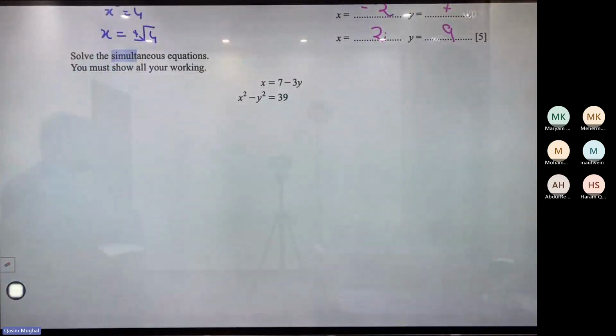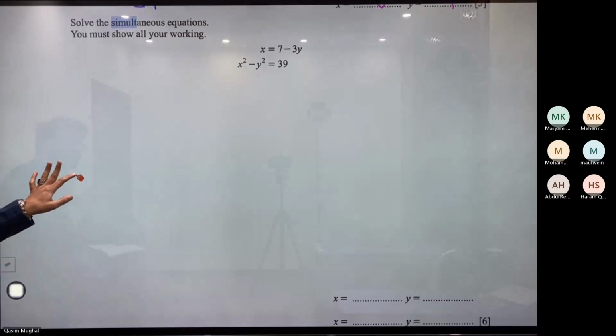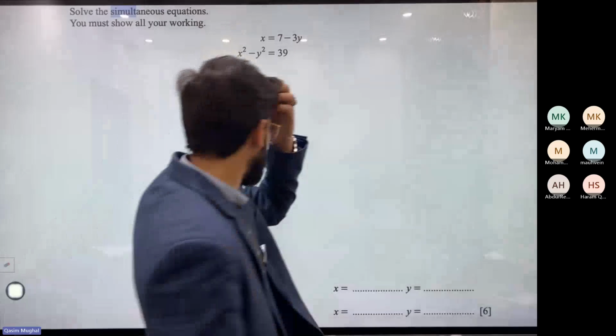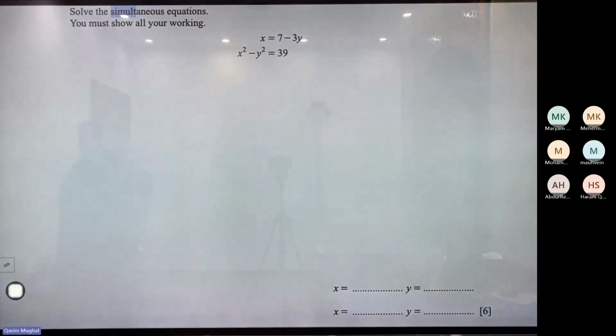So, try solving this one now. Give it a shot. x equals 7 minus 3y. This is one pair, one equation. Another equation is x squared minus y squared equals 39.